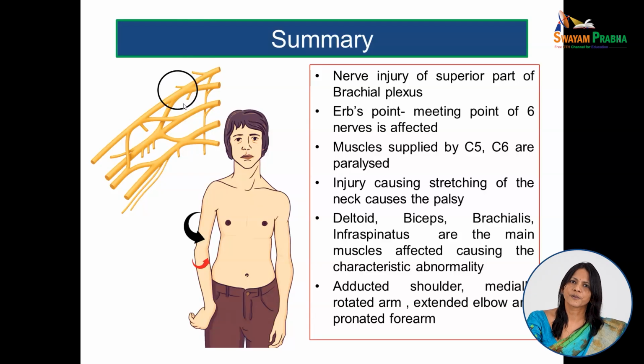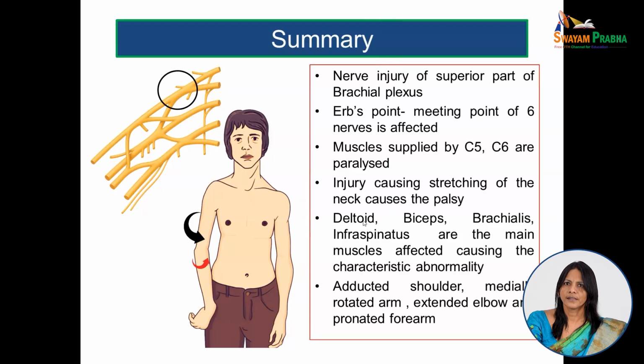So, this Erb's point being affected causes injury of all these nerves, and therefore the muscles supplied by the C5-6 are all paralyzed, namely the axillary nerve, the suprascapular nerve, and the musculocutaneous nerve. The injury is typically caused because of the stretching in the angulation between the neck and the shoulder, thereby causing a stretch of these nerves, therefore resulting in the injury of the muscles.